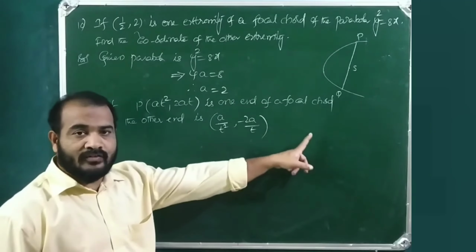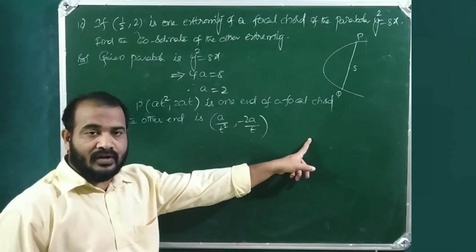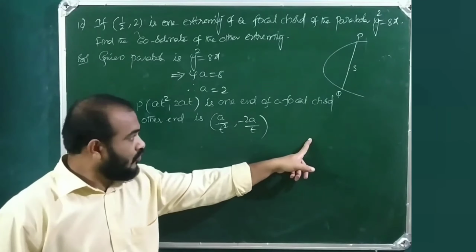So t1 t2 equals to minus 1 is the condition for the focal chord. So t2 is equals to minus 1 by t1. Substitute back in Q. P is at1 square comma 2at1, Q is at2 square comma 2at2. So substituting t2 is equals to minus 1 by t1, this is what we get.